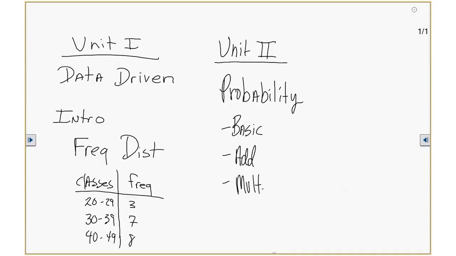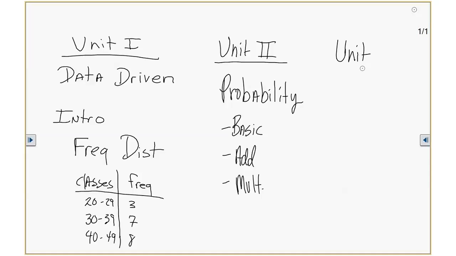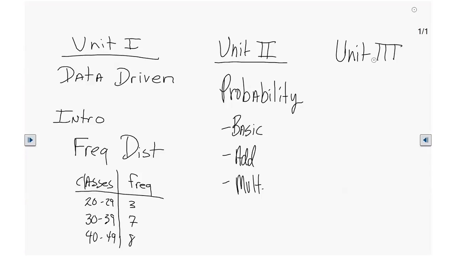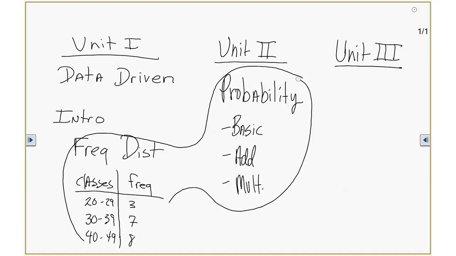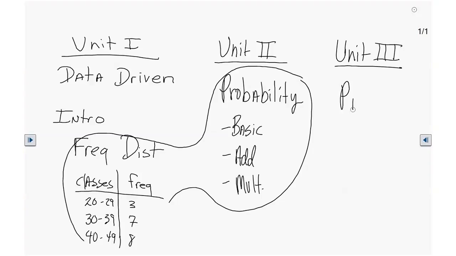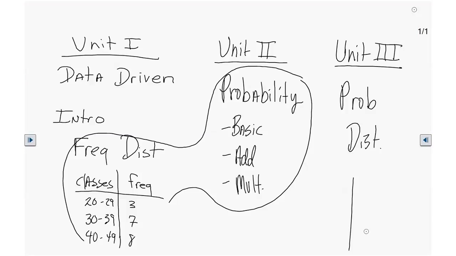Now, in Unit 3, you're basically going to get a little bit of probability mixed in with a frequency distribution. And it's called a probability distribution, which is basically going to look like this. The event and the probability.